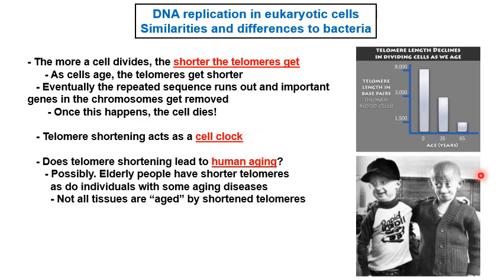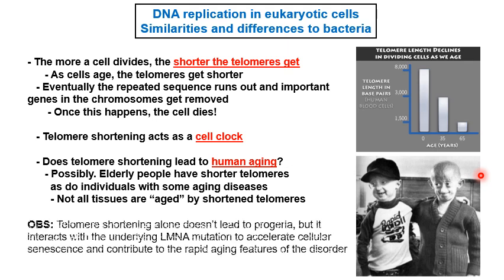Okay. Now, is that related, or does it lead to human aging? Well, I don't really know the mechanisms behind that, but we know that the shortening of telomeres by itself is not causative of accelerated aging, but it has to do with the ongoing process of aging.